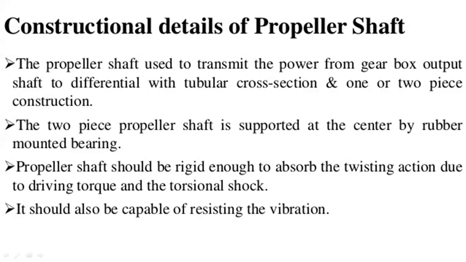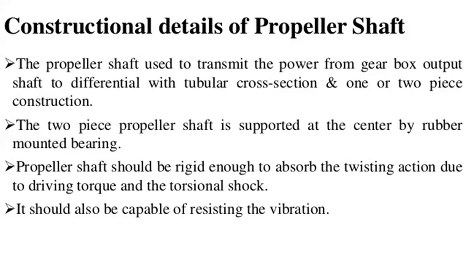And next one, the propeller shaft should be rigid enough to absorb the twisting action due to driving torque and the torsional shocks. It should also be capable of resisting the vibration. The propeller shaft is rotating, so the power is transmitted from the engine to the differential.